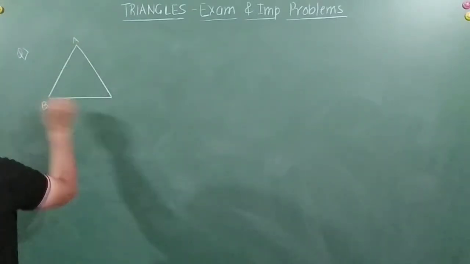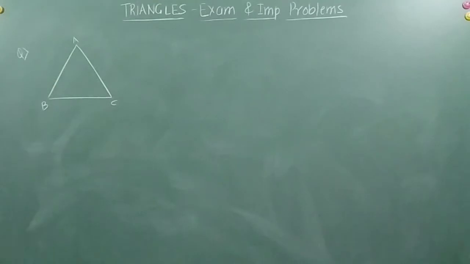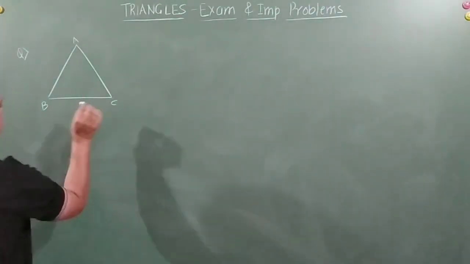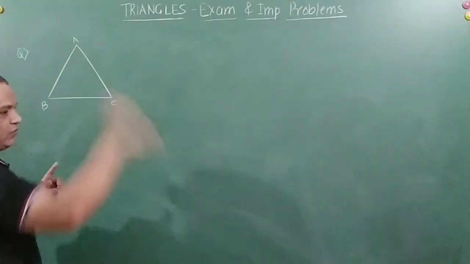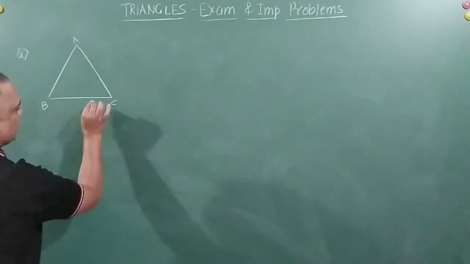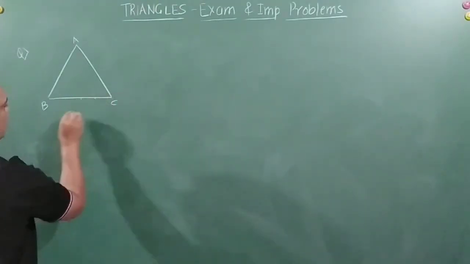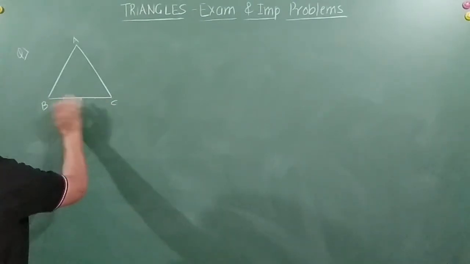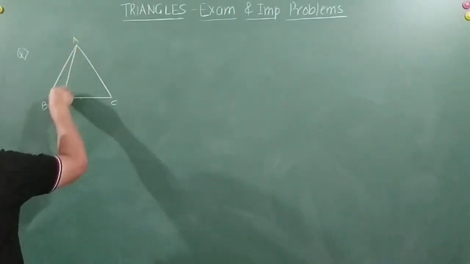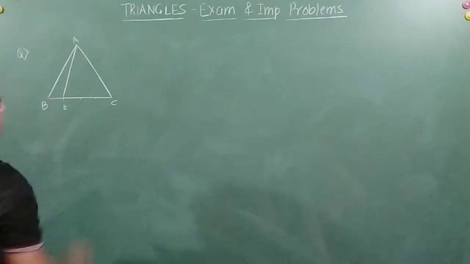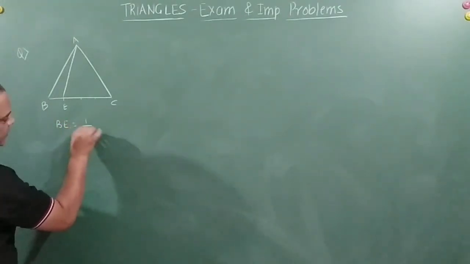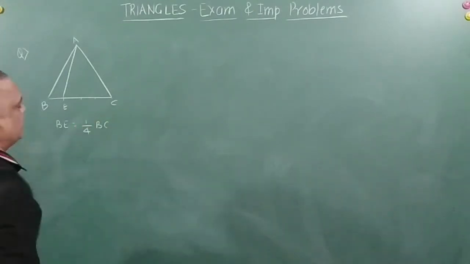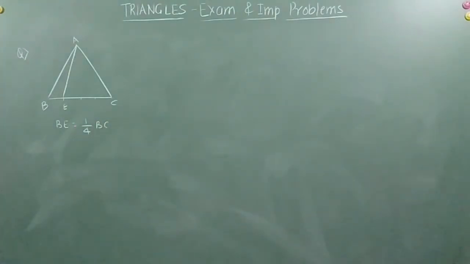E is any point on BC such that BE is 1 by 4 BC. That means I am going to divide it into 4 parts: 1, 2, 3, 4. I am going to join it here. This is my point E. Now BE is equal to 1 by 4 BC. This is what is given to us in the problem.